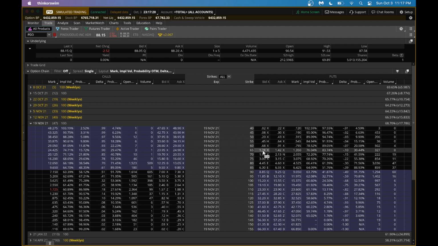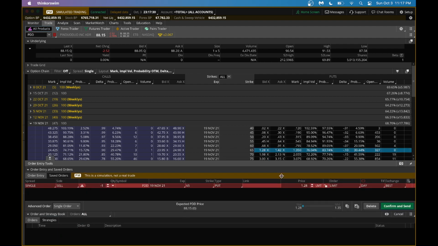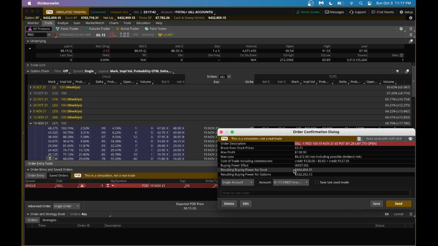You could sell a put option right here, collect $1.28. If the stock stays above $65 by November, then you get to keep your money. So you could confirm and send this and collect $128 and keep waiting till the expiration date. Or if you make some money in between, you can sell this put option for a profit.